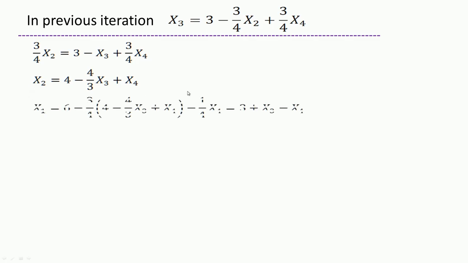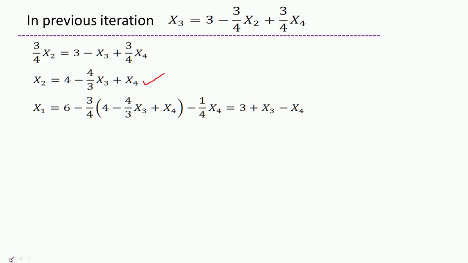Now, go back to the previous one and rewrite x1 in terms of x2. So, x1 is 6 minus 3 by 4 x2 minus 1 by 4 x4. So, we substitute for x2 from this equation into x1 and we get 3 plus x3 minus x4.